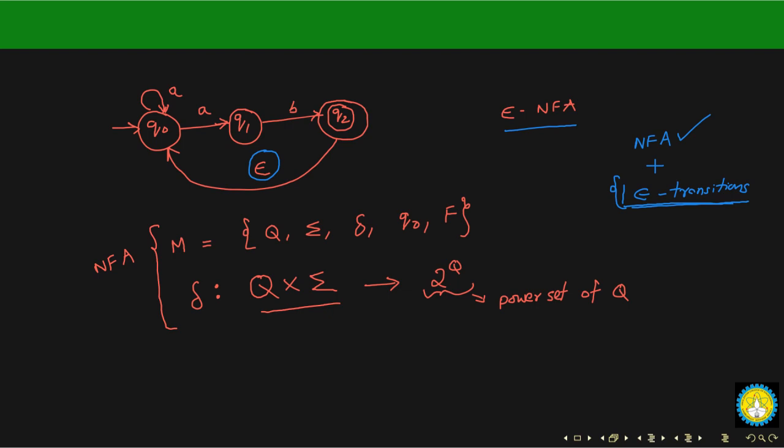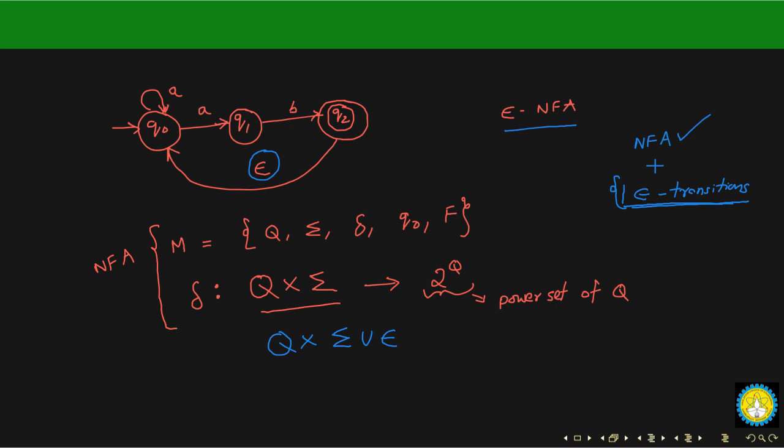So what we need to do additionally here is to make it very clear that the epsilon symbol is a valid transition for the epsilon NFA. So we have to add the epsilon symbol also as a valid transition. So we have to say sigma union epsilon.